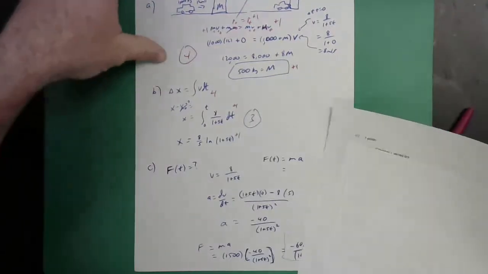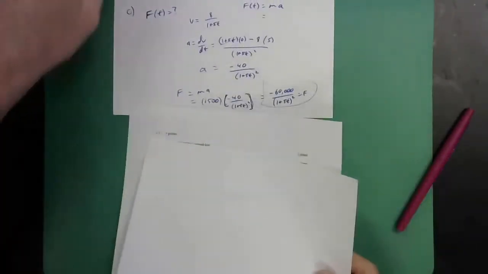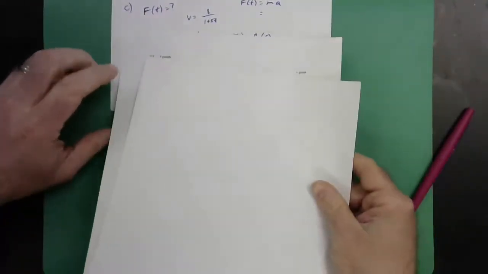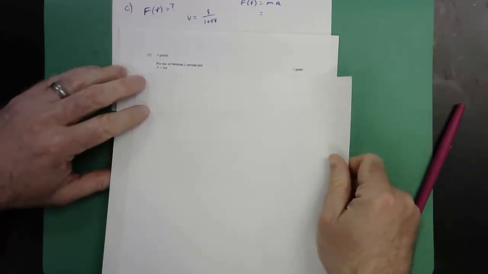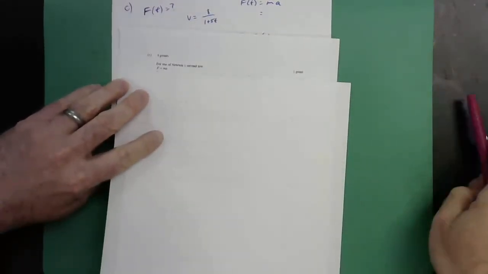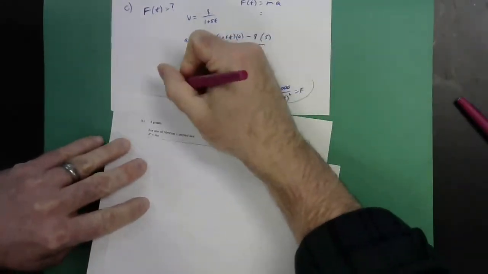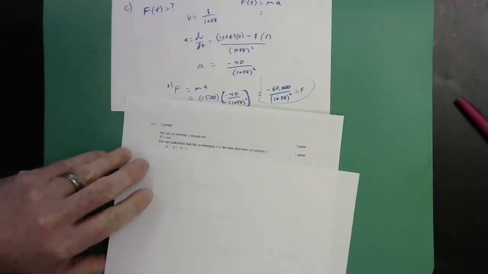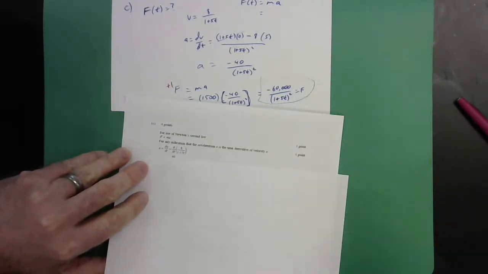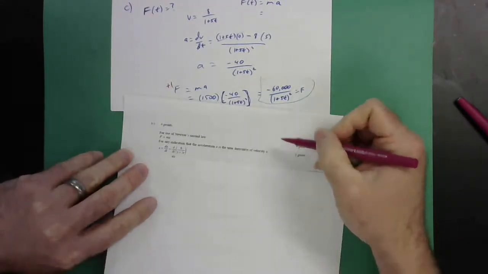Okay, the scoring guide says 4 points for this part. First, using Newton's second law to find F is ma. Right, we did that, I wrote it. Any indication that acceleration is the time derivative of velocity. Look, that's here.